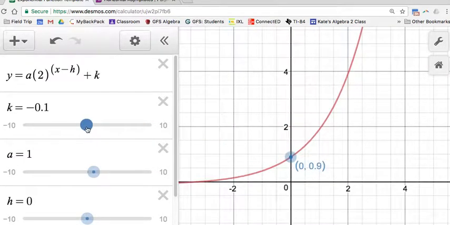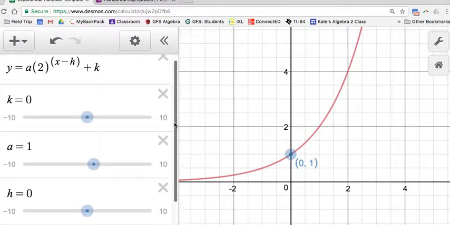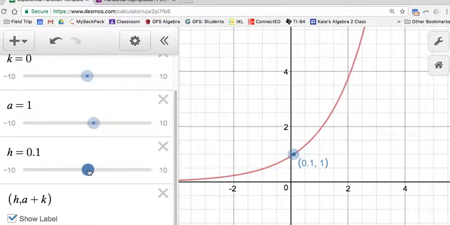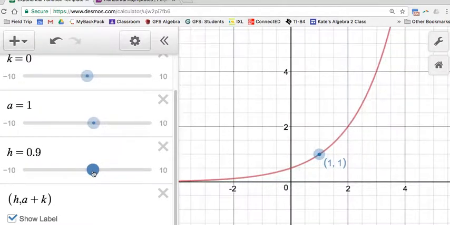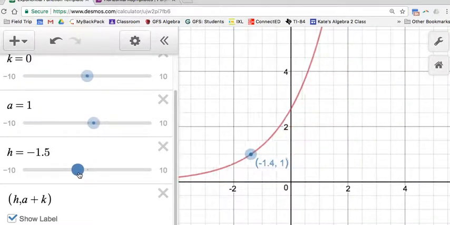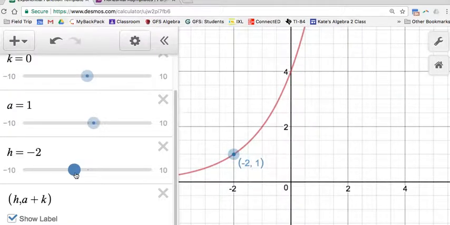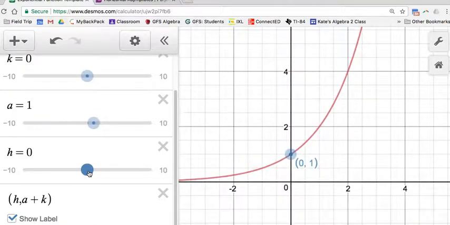So let's set that back to 0. Just shifting h, you can see that this moves the point of the bend, that starting point, left and right. Okay, so I'll set that back to 0.